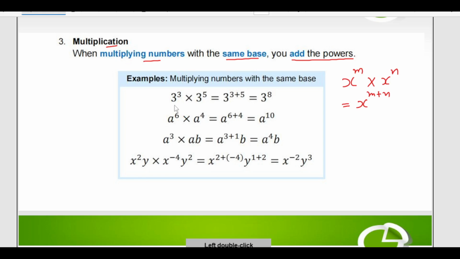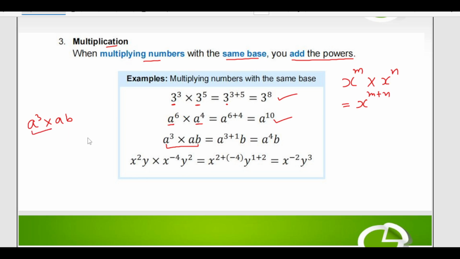Now, here it is 3 power 3 times 3 power 5. So we add the powers, 3 plus 5. So, this is 3 power 8. Then we have another letter there, a power 6 times a power 4. So, this is going to be a power 10. Now, here we have two different letters given, a power 3 times a b.